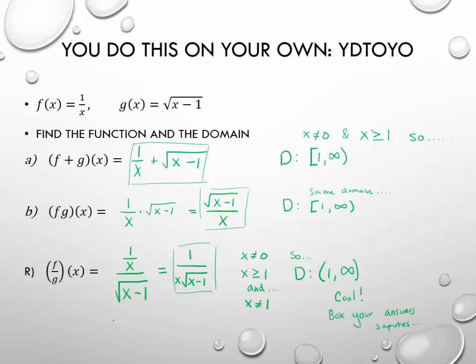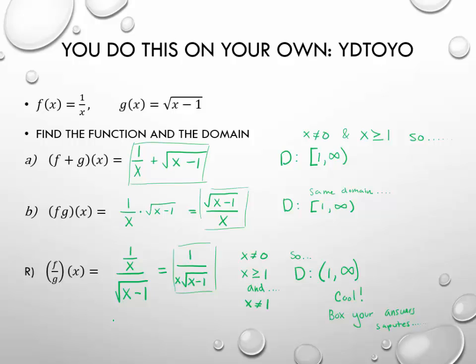So when we multiply 1 over x by the square root of x minus 1, we just put them together as we would normally. If you take a fraction and multiply it by a whole number, that's basically what it is.